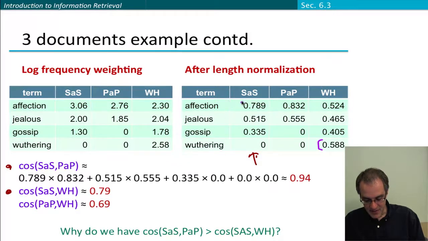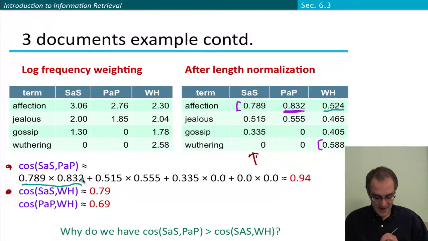The biggest component in the Sense and Sensibility vector is this one, and so that generates a lot of similarity with Pride and Prejudice, which also has that word very prominently represented, where that word is less represented in Wuthering Heights. Therefore this term in the dot product is much larger, and so we get greater similarity. You can see that it's the ratio of occurrence of different words in the document that has a big effect on measuring overall similarity.